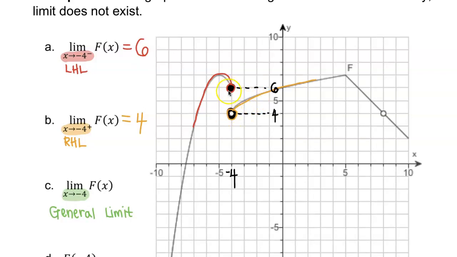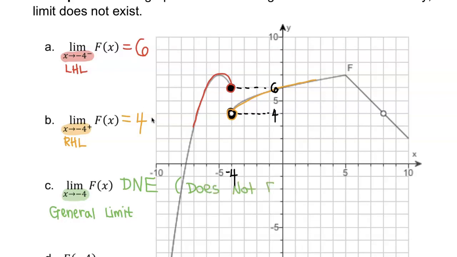They did not meet, right? They are broken apart over here. So what would you say for the general limit? 6 and 4 are not the same, so you're going to have to say does not exist. DNE for does not exist, okay?